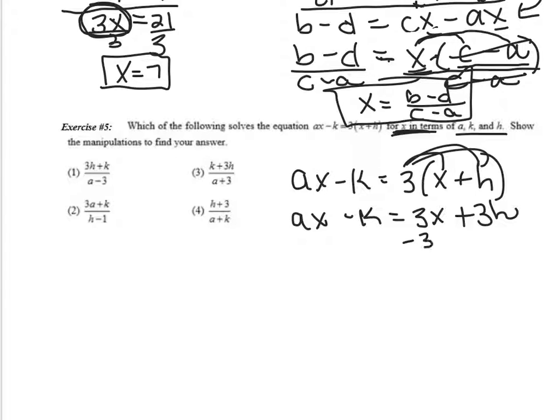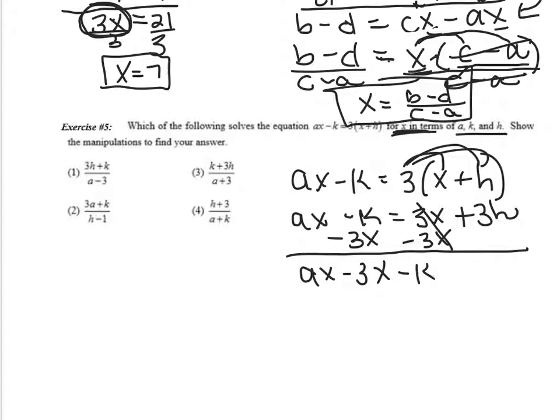I'm going to do minus 3x here and minus 3x over here. So now I have ax minus 3x over here, and minus k equals just 3h over here.